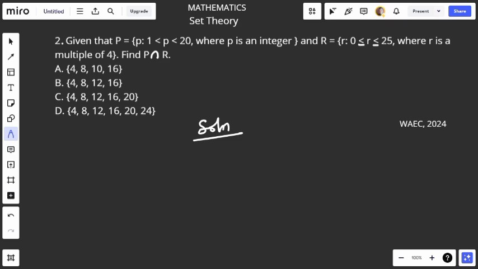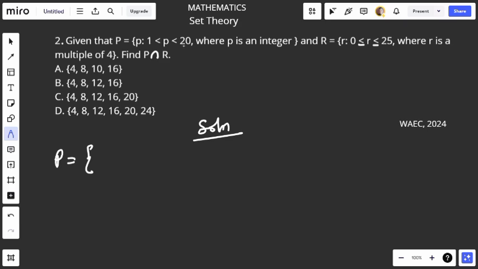For the elements of P, the description says that P is a number that ranges between 1 and 20, but 1 is not included and 20 is not included, because P is greater than 1 and also less than 20.